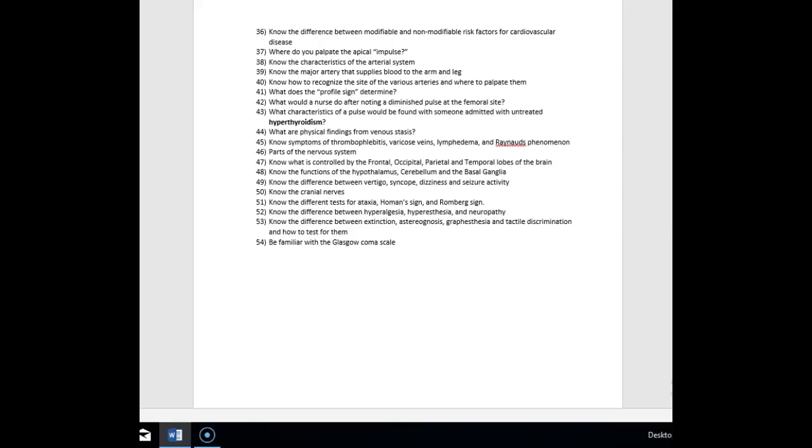So for instance, hyperalgesia is increased pain sensation. If you were to see hypoalgesia, you know that was decreased. Hyperesthesia is when they touch something and have an increased touch sensation, but a decreased touch sensation is hypoesthesia.